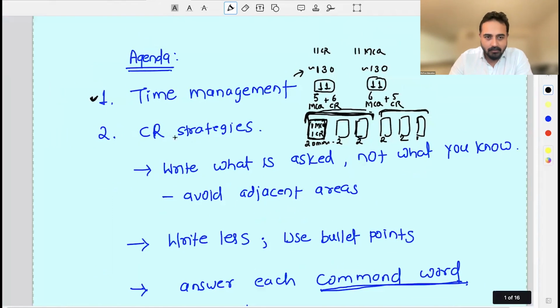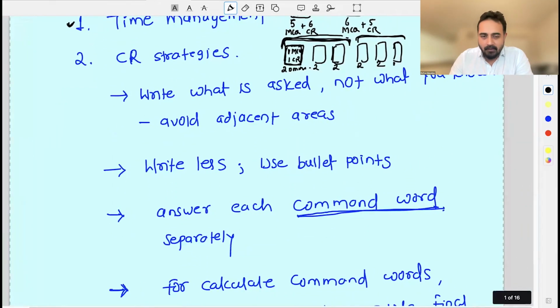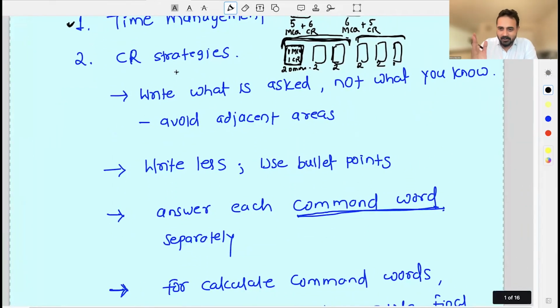Now that this is out of the way, some of the very important CR related strategies. First thing, please write/type what the question is asking, not necessarily what you know. For example, if the question says identify an appropriate immunization strategy, let's say, duration matching, cash flow matching, do not explain what duration matching is or cash flow matching is, because the question did not ask you, right?